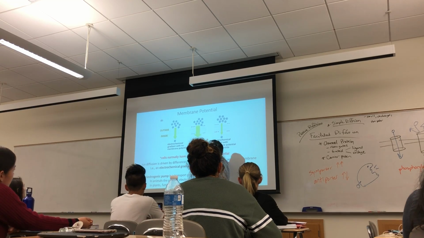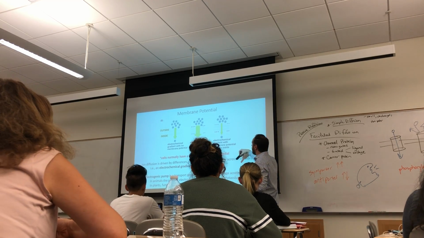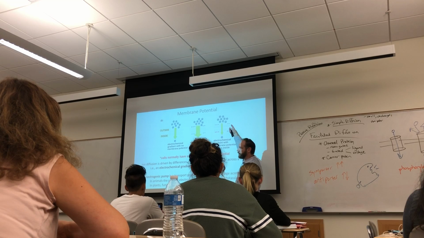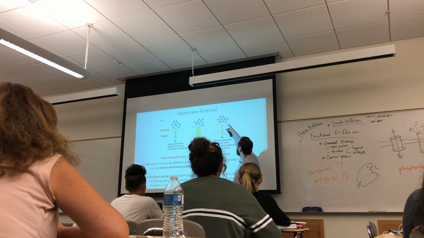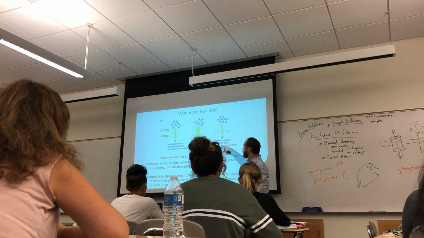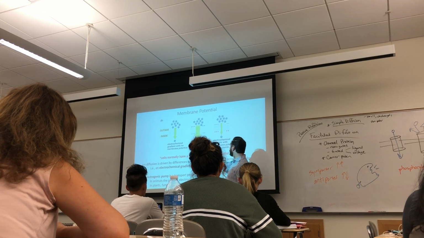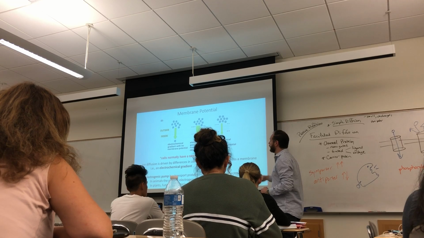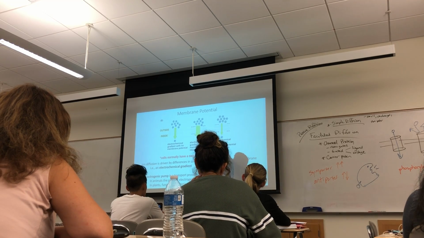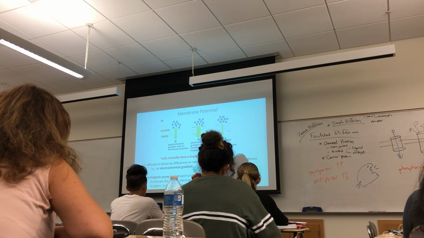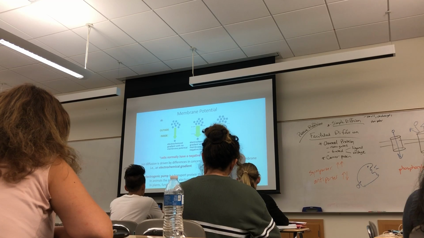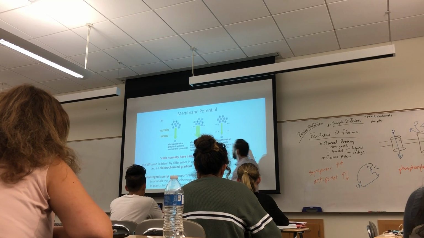I could have a negative membrane potential here, but this particular ion is still going to have a higher concentration here versus here, right? So cells normally have a negative membrane potential, so the opposite sides have opposite charges.